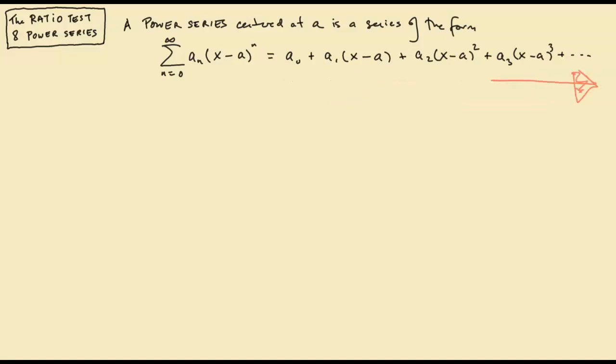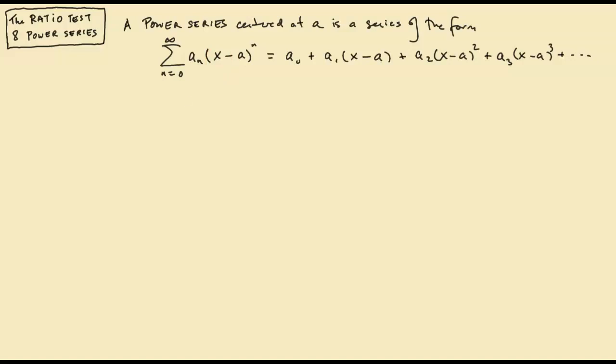And that infinite series of constants may converge or it may diverge. And one of our main concerns is going to be to figure out which values of x make a given power series converge and which ones make it diverge. As we will see, there are some power series that converge for all real values of x, and others that converge only for certain values of x.